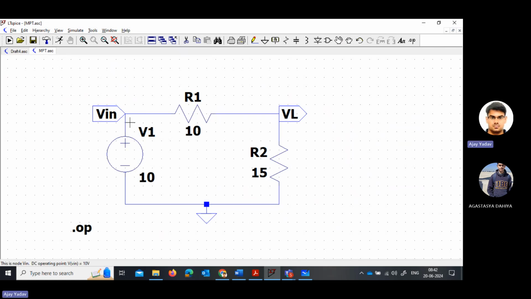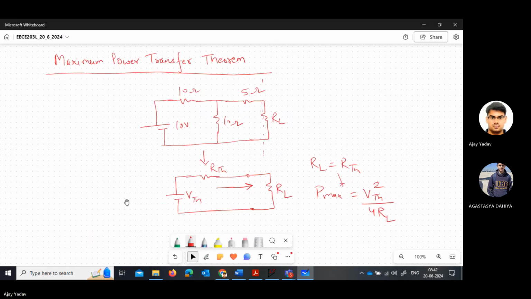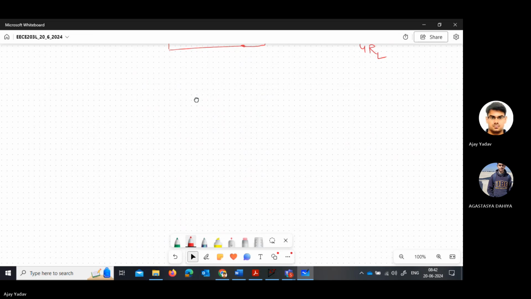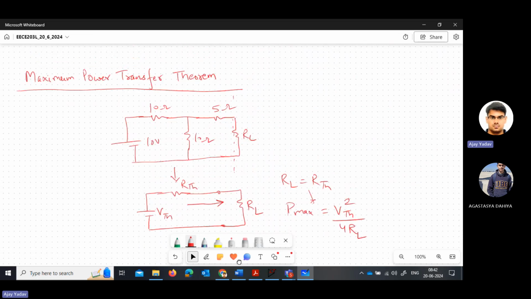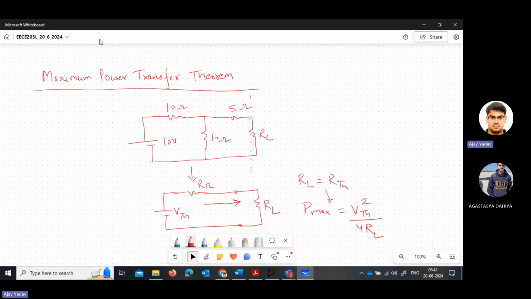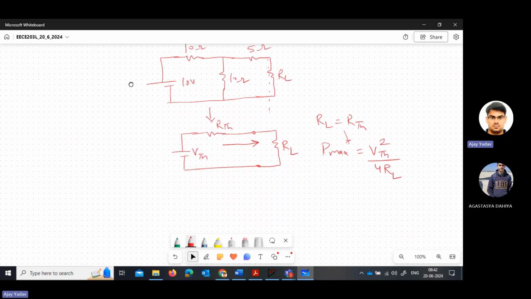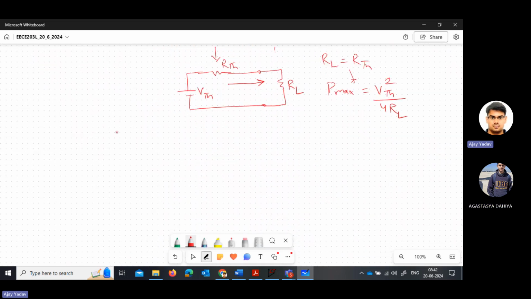Okay. Now the next experiment is the transient response of series RC circuit. So this is experiment number 3, right? Yes, sir. Maximum power transfer theorem is experiment number 3.